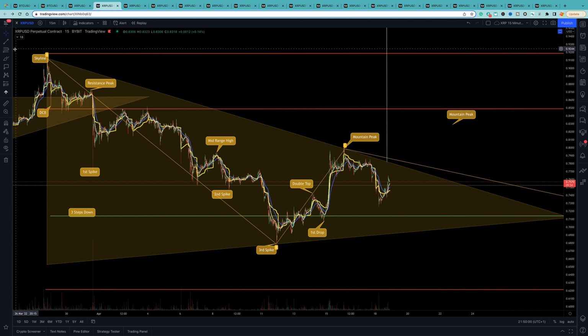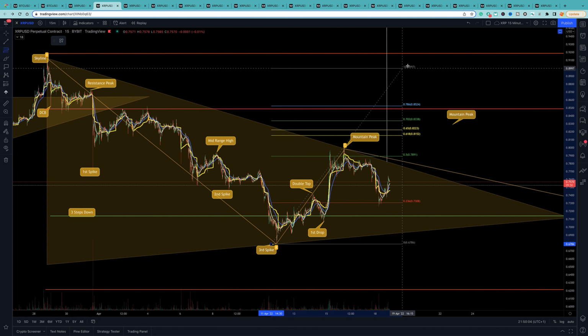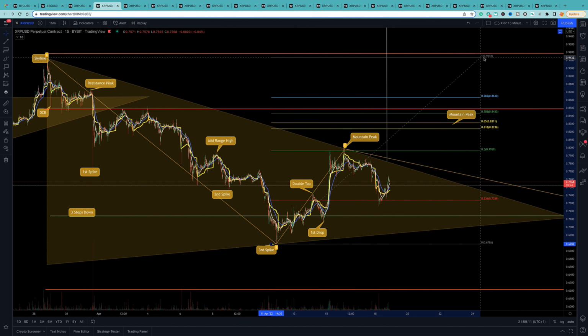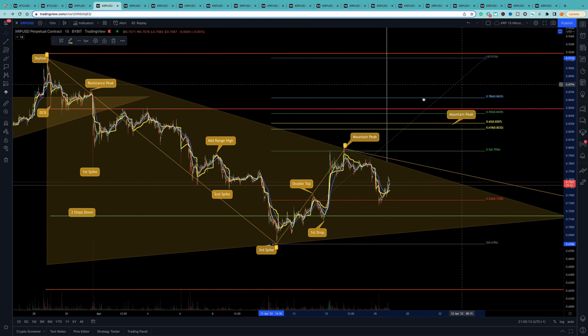And when I put the fib on this from here to the top here, I was expecting, and still possibly expecting, Mountain Peak to come higher, especially because the volume's back in, to come up somewhere around resistance.